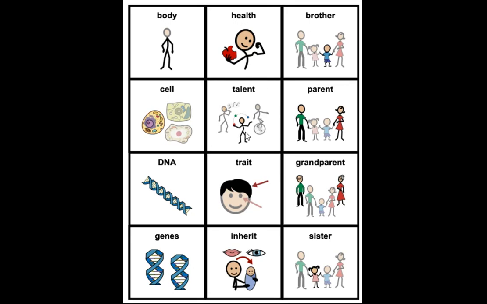They might have a talent for dancing. There's all kinds of talents out there in the world, especially things like being an athlete. Are you really fast? Can you jump really high? Those are talents. And a lot of those talents we inherit from family members. So those are the vocabulary words for this introductory chapter.